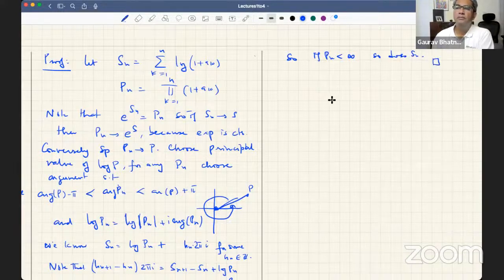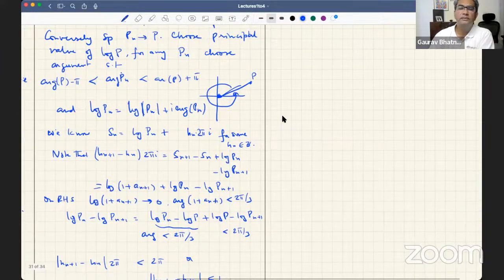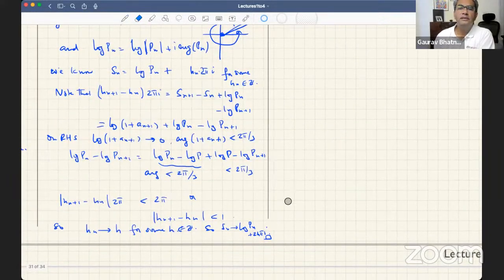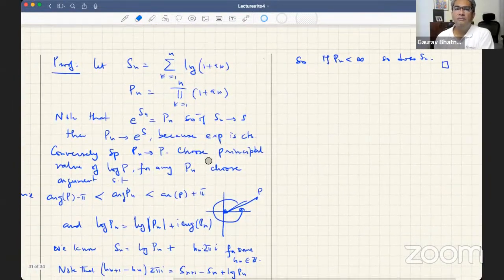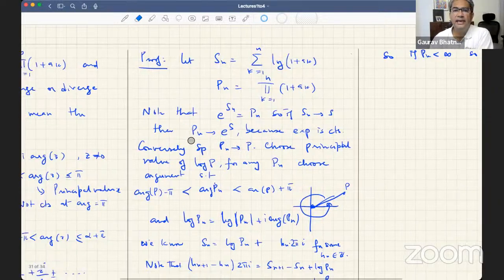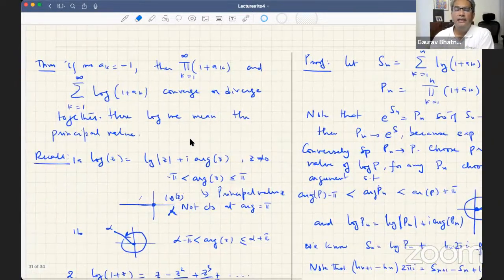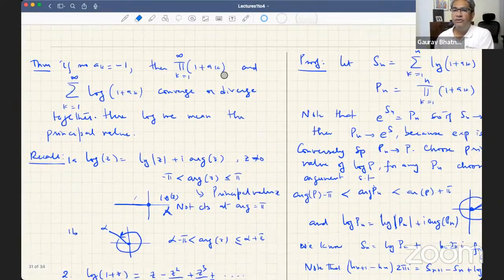What this says is simply that anything about infinite products can be converted into this log series.